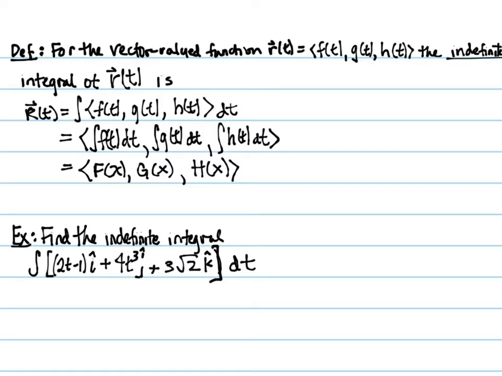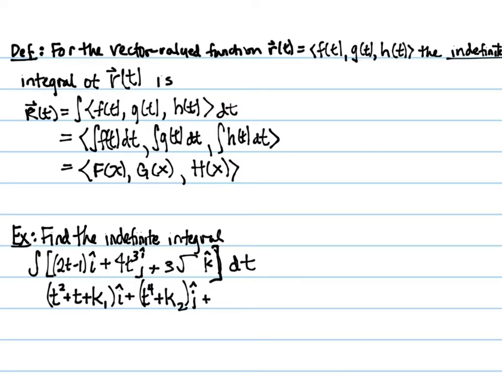Okay, so taking the antiderivative, this would become t squared plus t plus some coefficient k, so I'm going to call it k1 i, plus 4t cubed becomes t to the 4th. And then I need to add a constant of integration, k2, times j, plus... Now, 3 square root of t is what this would say, not 2.